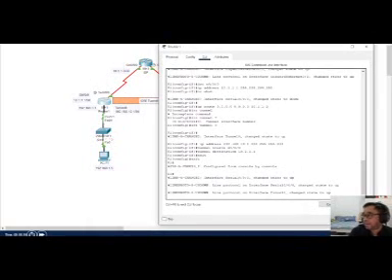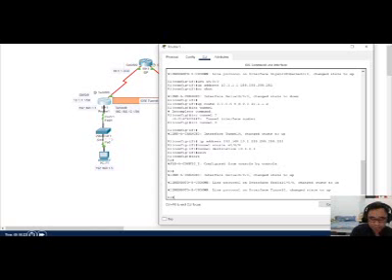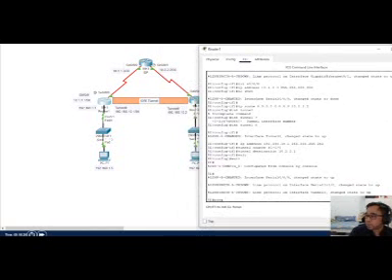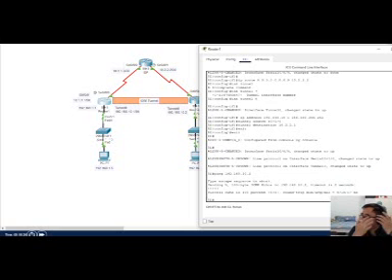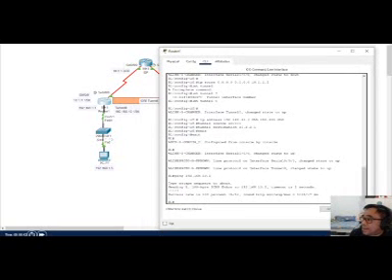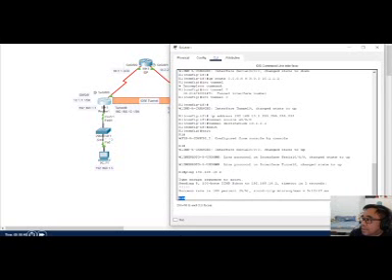Let's try to ping 192.168.10.2. Okay, now we are successfully connected through the tunnel.